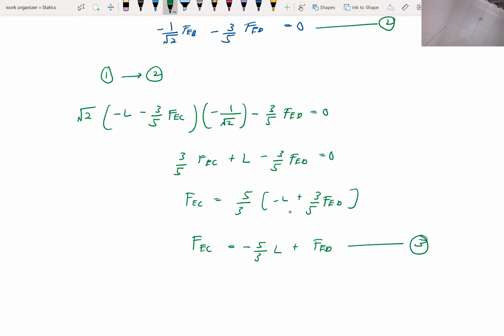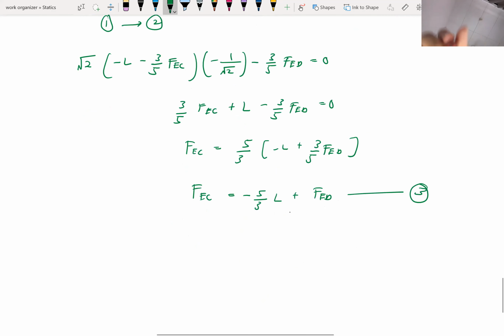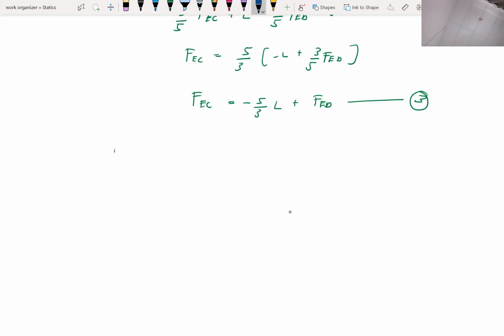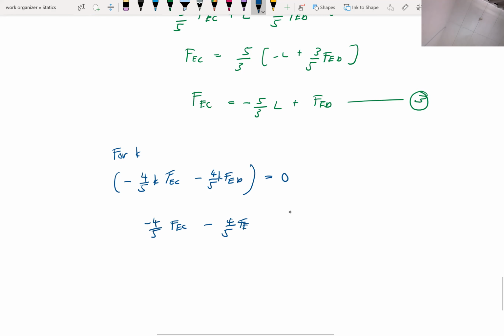Now for k, we have negative 4 over 5 k FEC minus 4 over 5 FED equal to 0. We just take out the k, so we have negative 4 over 5 FEC minus 4 over 5 FED equal to 0.